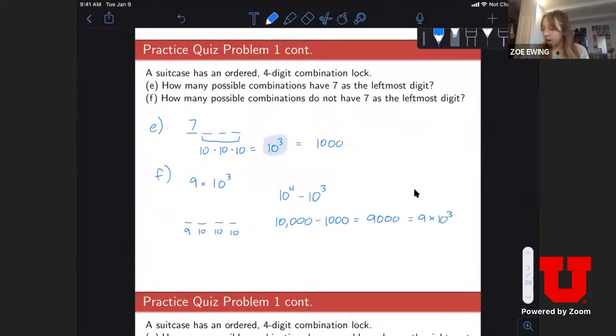Okay. Did anyone figure it out any different ways? I'm sure there are other ones.